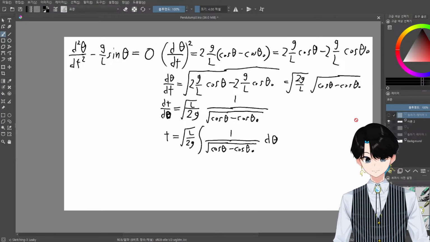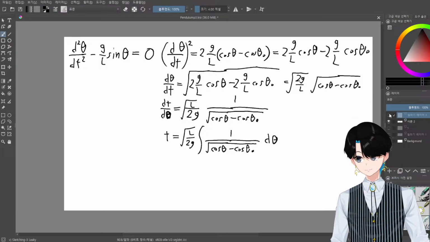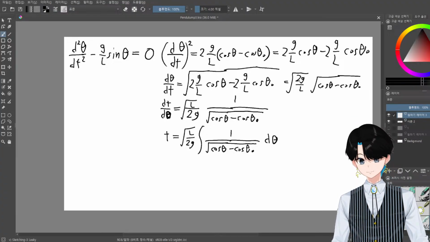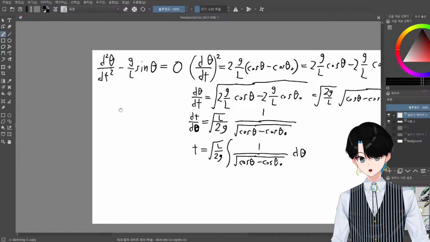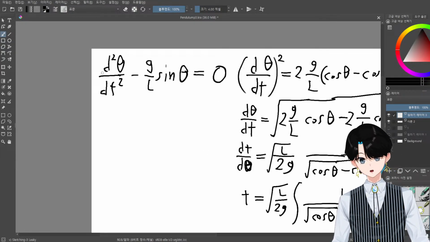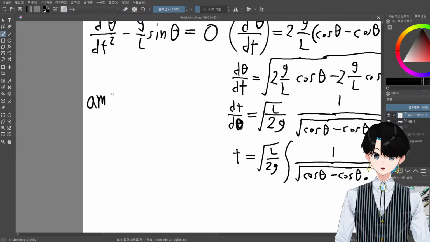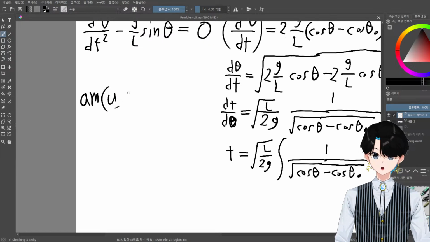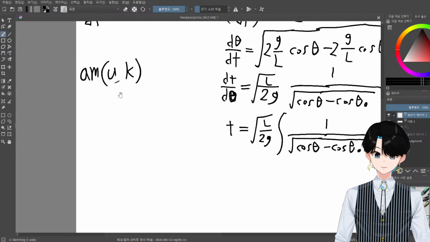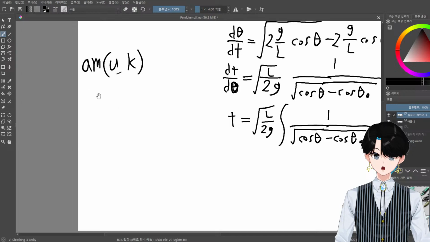But if you remember the last stream, the Jacobi elliptic function was the Jacobi amplitude, especially the Jacobi amplitude. It looked kind of like this. Oh shit, what was it?